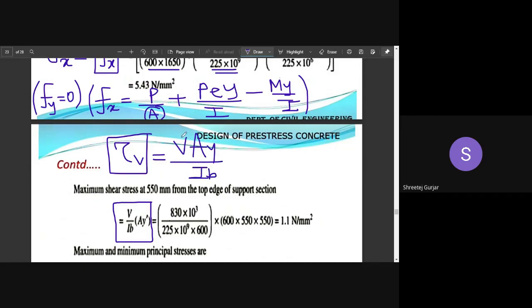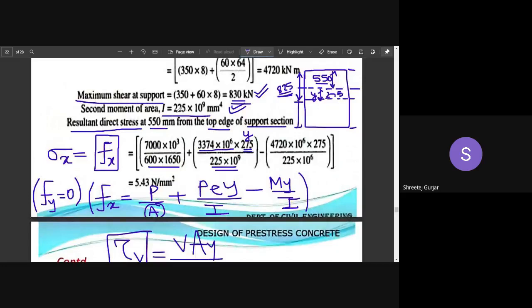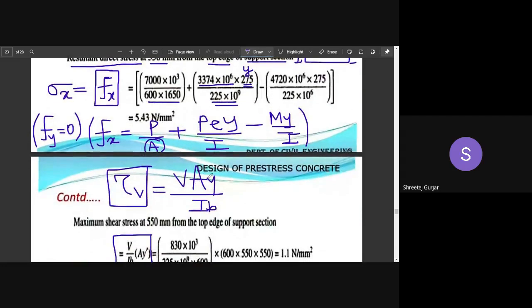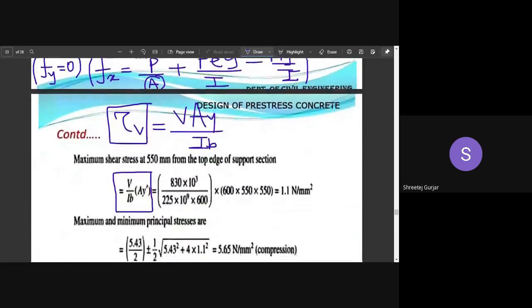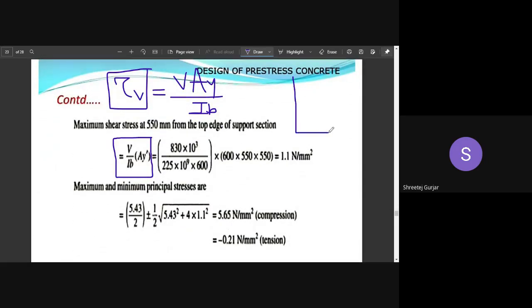Everything is known, right? V, the shear force at the support we have calculated, 830 kilonewton. That is V. A is nothing but the cross-sectional area at this particular section. We want to find out at this section. So this is your cross-section, and this is my plane of interest. This is the neutral axis.